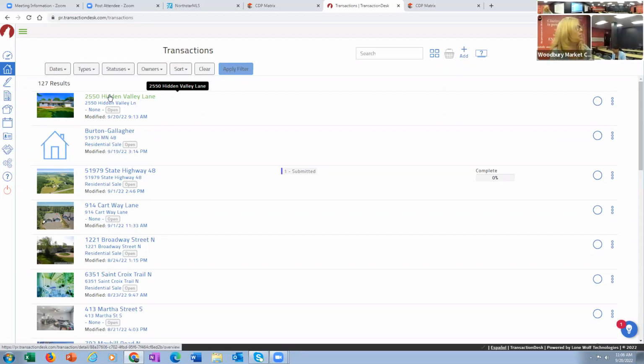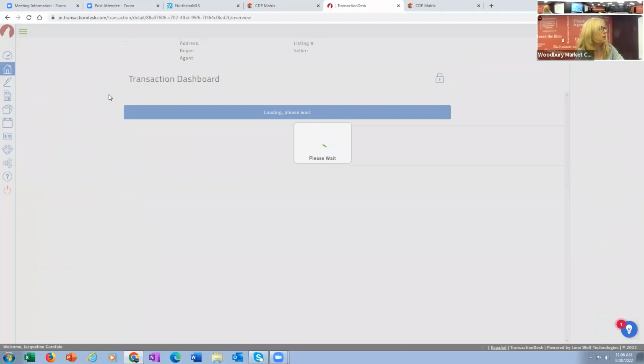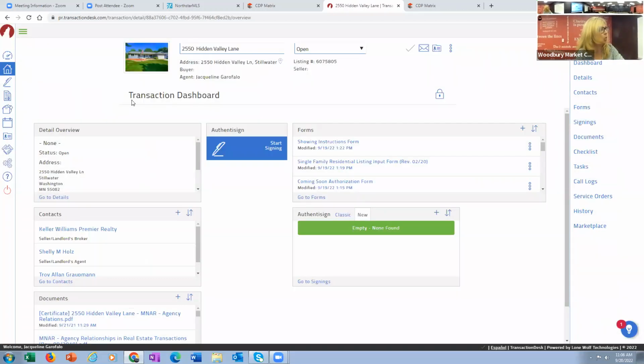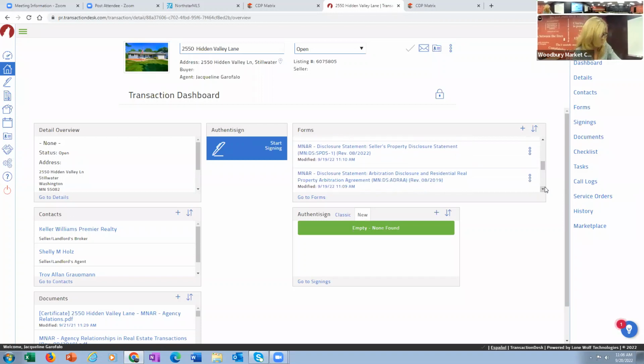Yeah, use something real. So this is a transaction that I'm working on. I pulled this from MLS. I've created a transaction, and now I need all the appropriate forms to fill out prior to going to visit that client. So what I use, the most important thing, is what we call a transaction checklist.